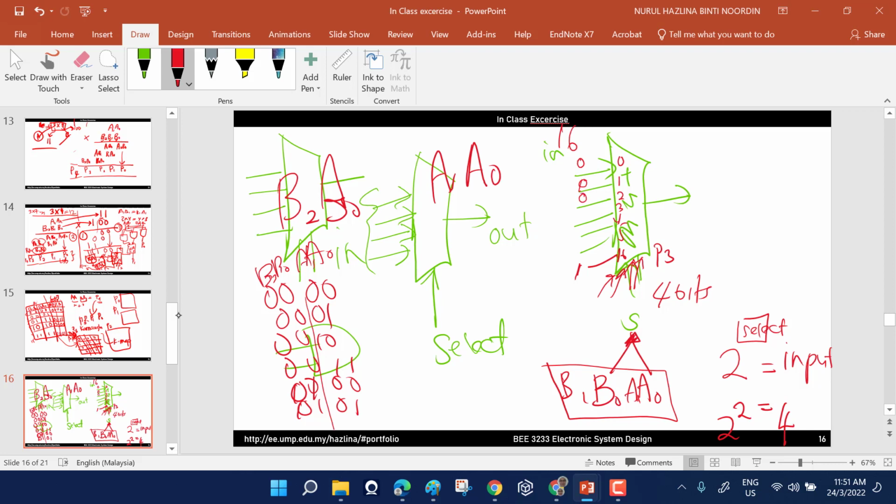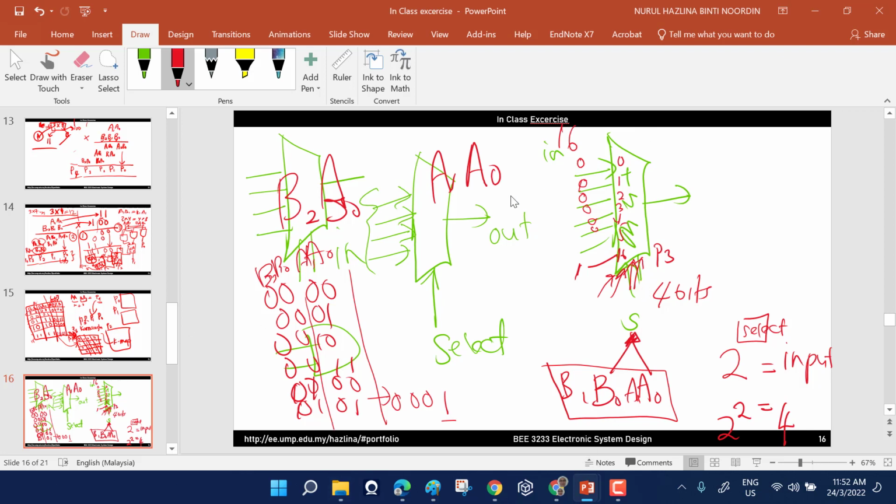At the third row, 0 multiply by 3 is also 0. 4, 1 multiply by 0 is also 0. But when it comes to 5, 1 multiply by 1, what is the result? 1, isn't it? If you were to represent this one, it will be 0, 0, 0, 1. So still this will become 0 for P3, but for P0, the representation of P0 will become 1.